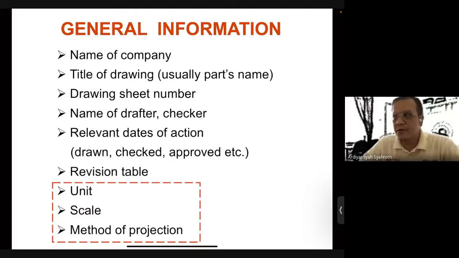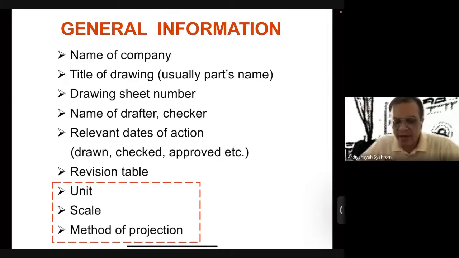General information includes the name of company, title of drawing, usually the part name, drawing sheet numbers, names of drafter, checker, and finals. That is another step of the drawing.